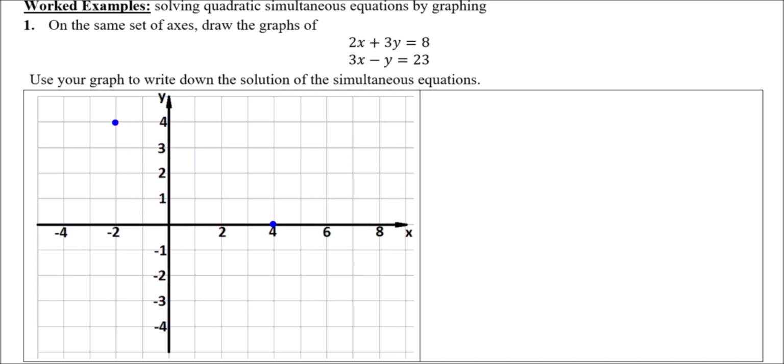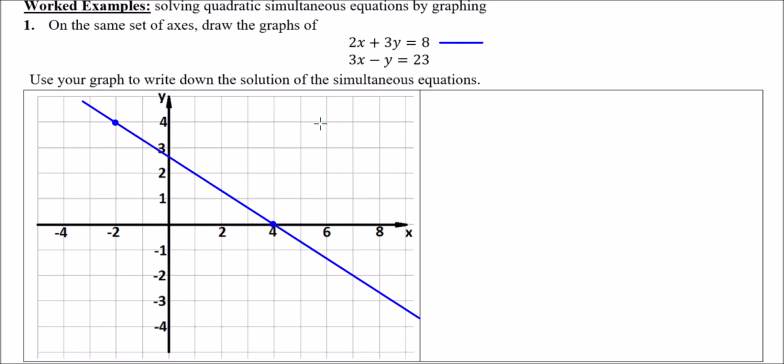Then what we can do is just do a straight line through these points and extend it if needed, which I can do here. So that's the first one done. So I'll just put a line here to say this one denotes this line.